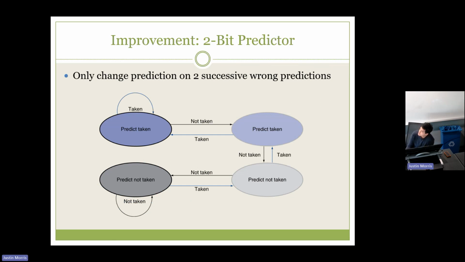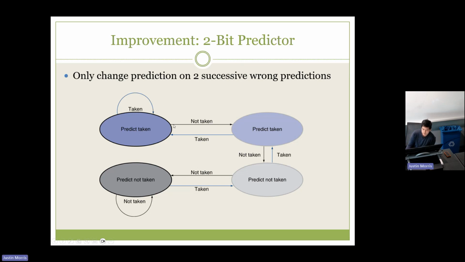So here is our 2-bit predictor. In our 2-bit predictor, because we have 2 bits, we can encode 4 states, right? So this state is what we would call strongly taken. The last 2 or so instructions have been taken, so we feel very strongly that it should be taken again.